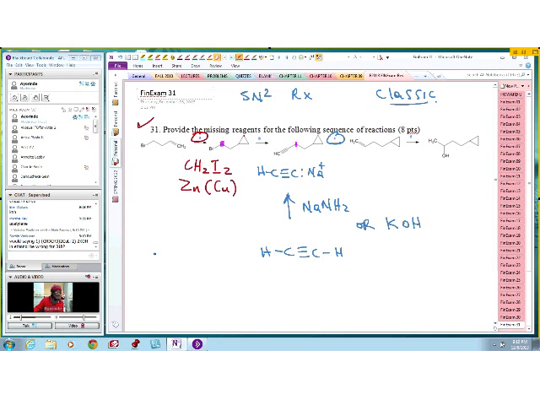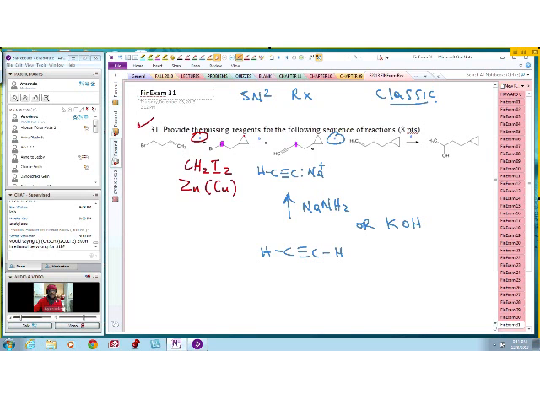Okay, let's see. Using a Gilman reagent, you might be able to get away with that. But the best thing to use is the acetylide right away. Let's stick with the acetylide. We don't want to confuse anybody at this point.